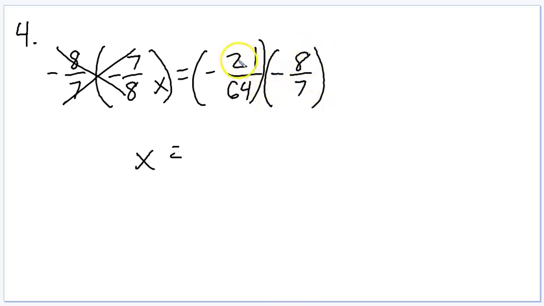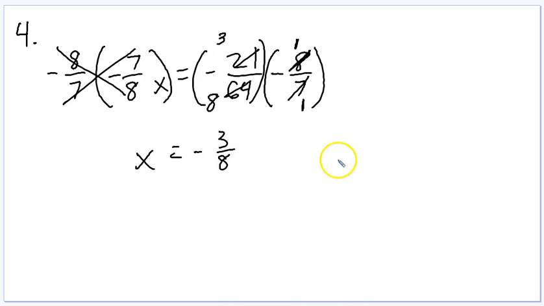So they made it very easy for us. 21 turns into 3 because the GCF of 21 and 7 is 7, so we divide them both by 7. And then 8 and 64, the GCF is 8, so we cross that out, make it a 1. We cross the 64 out, make it an 8. And then we end up with negative 3 over 8.